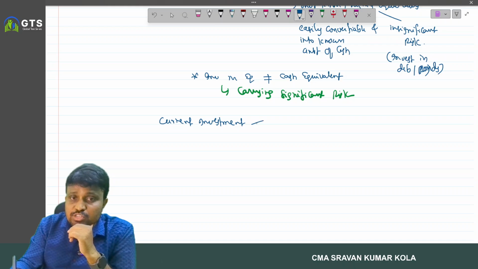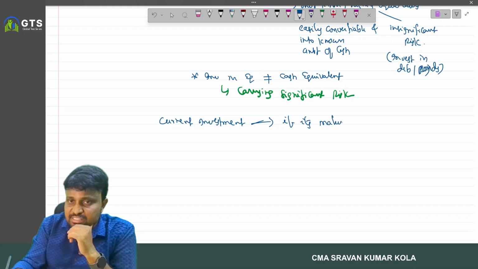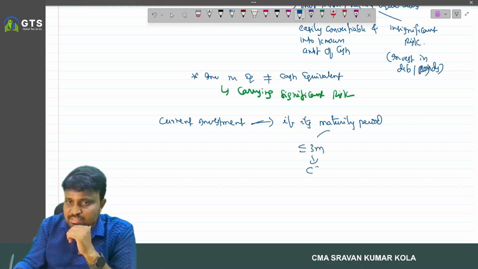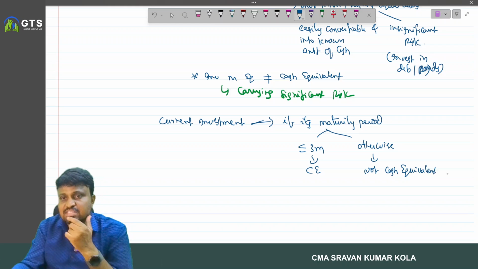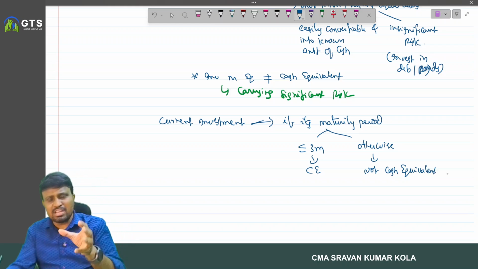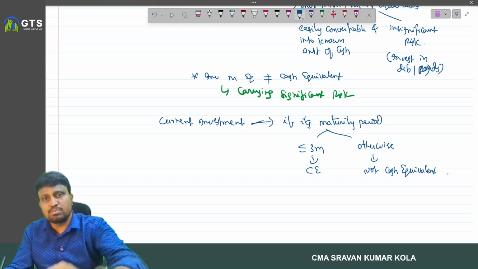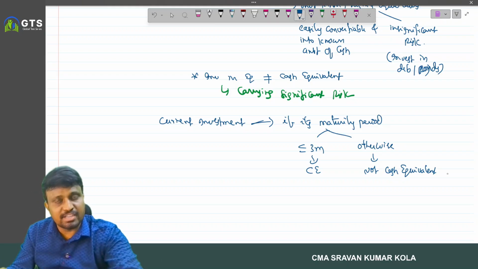It depends upon its maturity period. If its maturity period is less than or equal to 3 months, then consider it as a cash equivalent. Otherwise, it is not a cash equivalent item. Depending upon its maturity period, we have to decide whether it is a cash equivalent item or not.